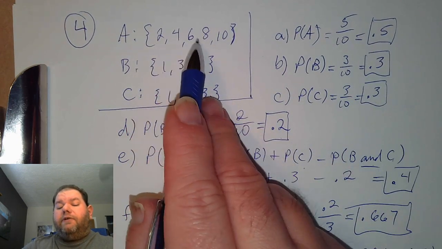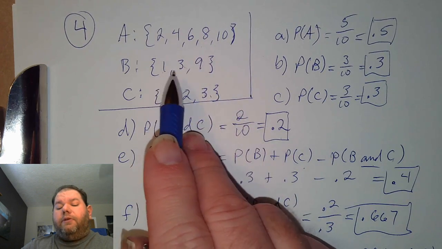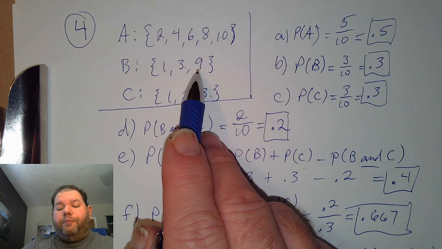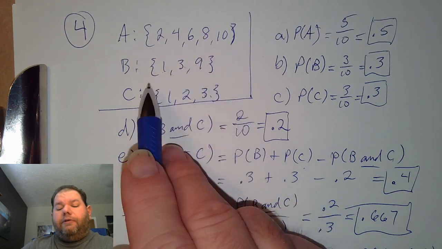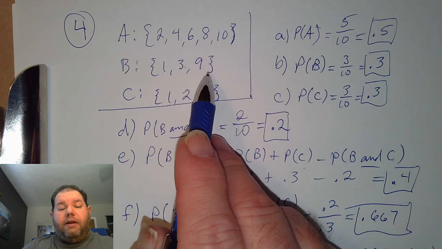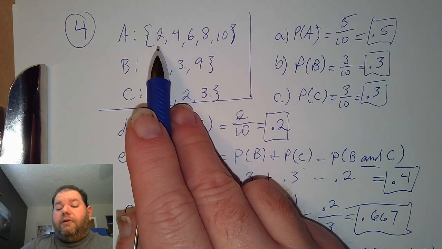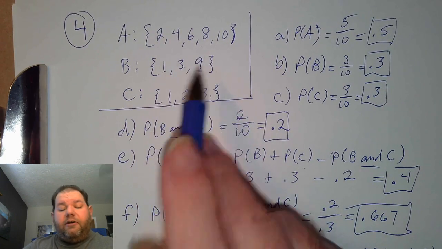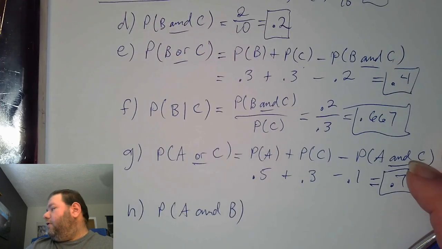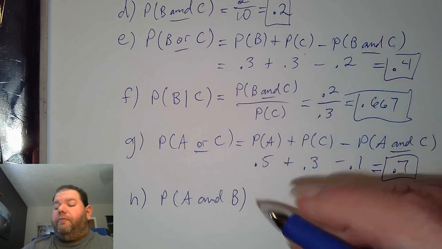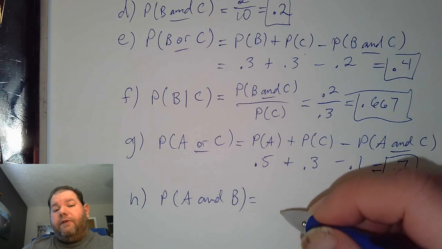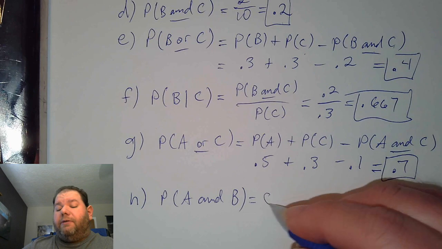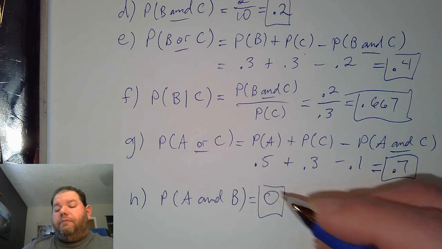A is 2, 4, 6, 8, 10. B is 1, 3, and 9. Now, we look at those two lists, and there don't appear to be any numbers in common. These are all even, and these are all odd, so there's nothing in common between the two of them. Therefore, the probability of both of these events being successful at the same time is 0.